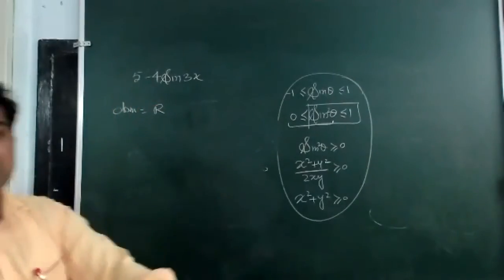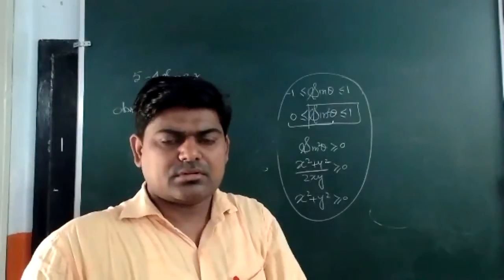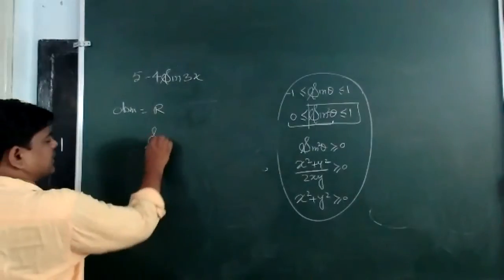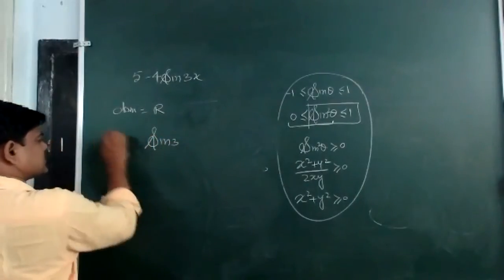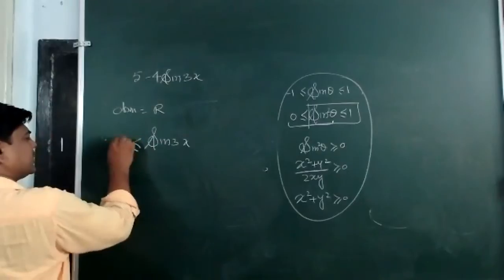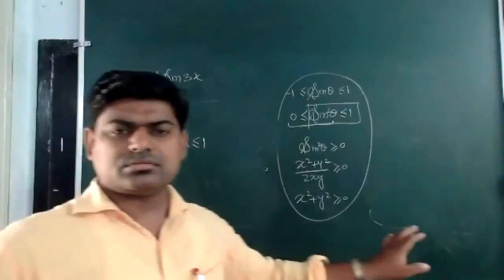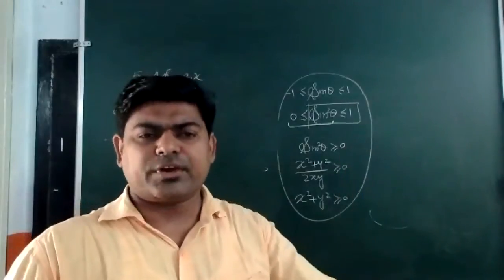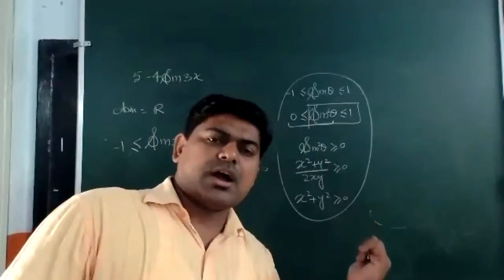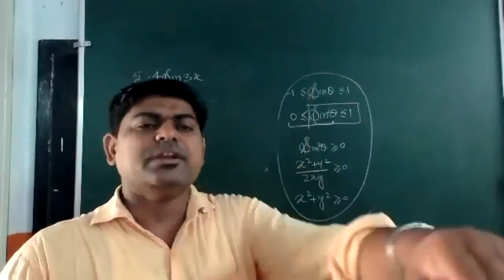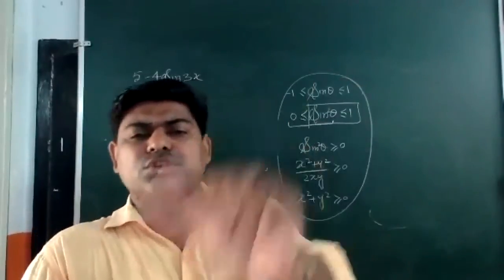Now think about the range. Range is a little bit difficult. What would be the value of sine 3x? Sine 3x is always greater than or equal to -1 and less than or equal to 1, am I correct or not? For every value of x, the minimum is -1 and the maximum is +1. It will never be less than -1 or more than 1.